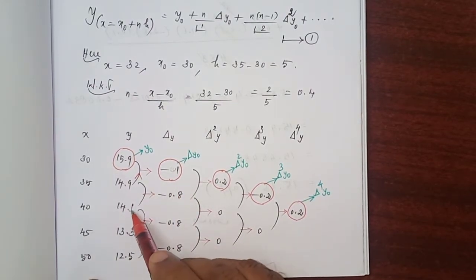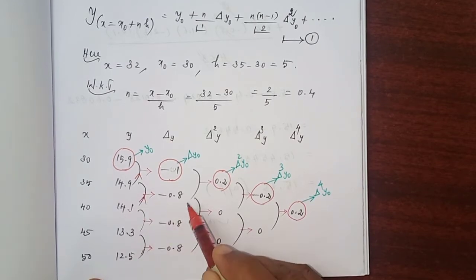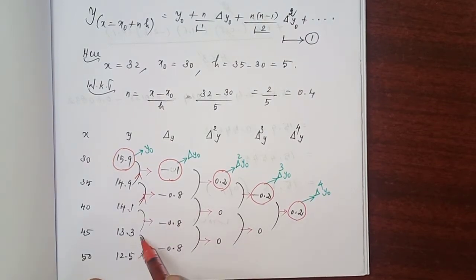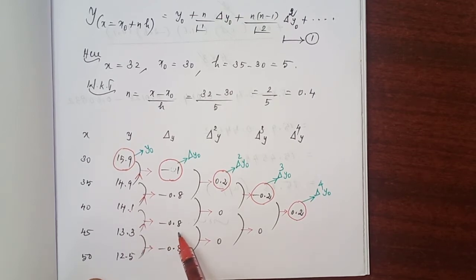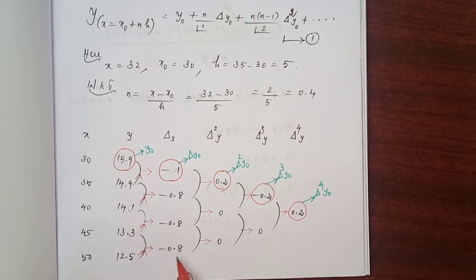Like that, 14.1 minus 14.9 is equal to minus 0.8. 13.3 minus 14.1 is equal to minus 0.8. 12.5 minus 13.3 is equal to minus 0.8. So write the values minus 0.8, minus 0.8, minus 0.8 and minus 1 between these numbers.